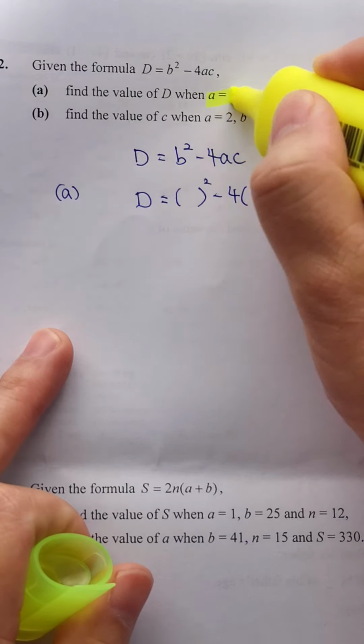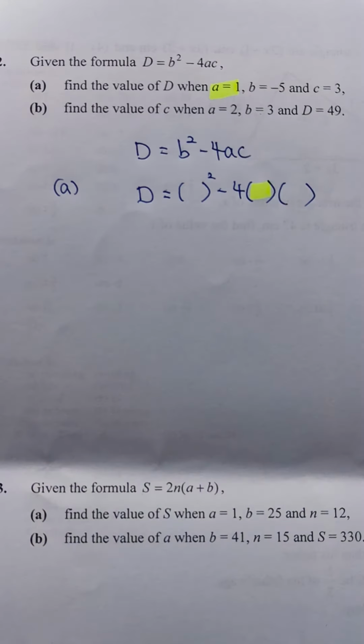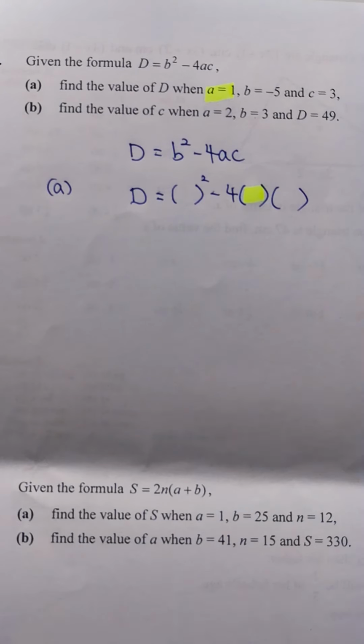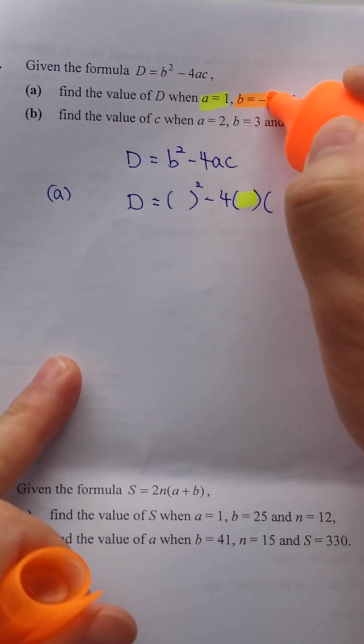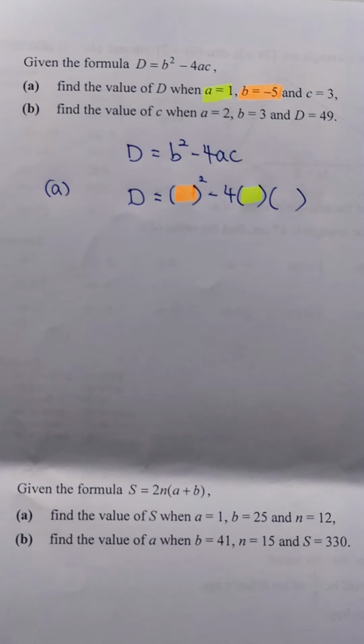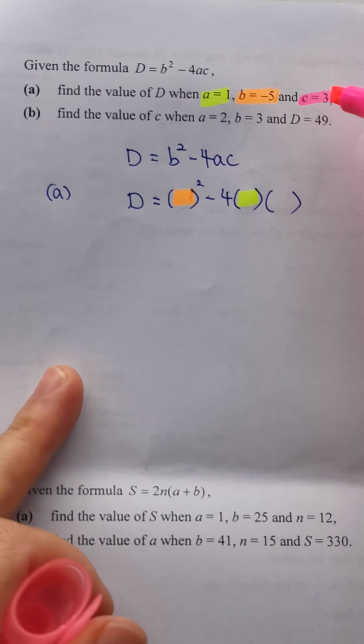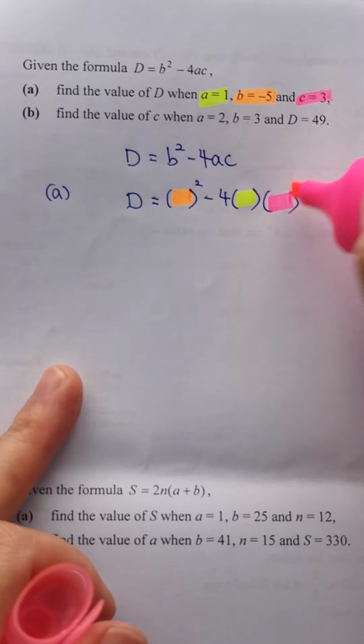Your A, I can color yellow. So A is here. Your B, you can use another color. I use orange, so B is over here. And I can use my pink to color the C, and C is over here.